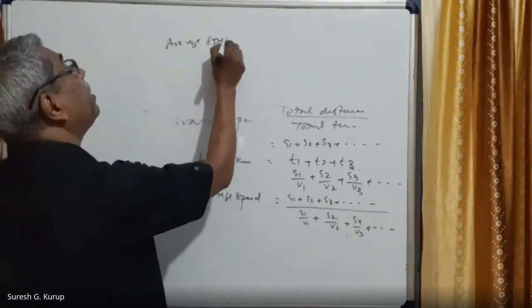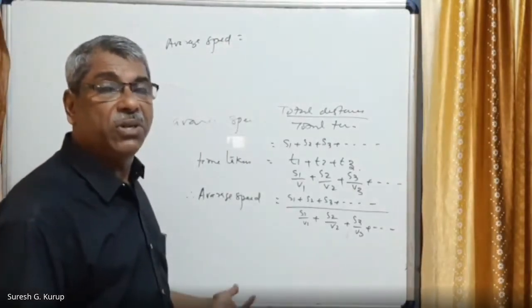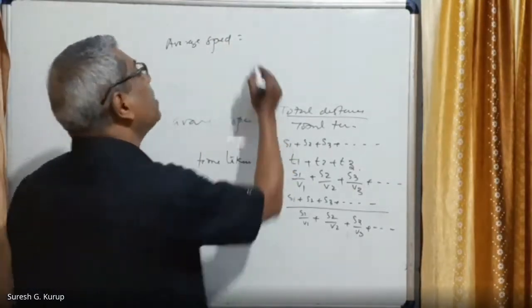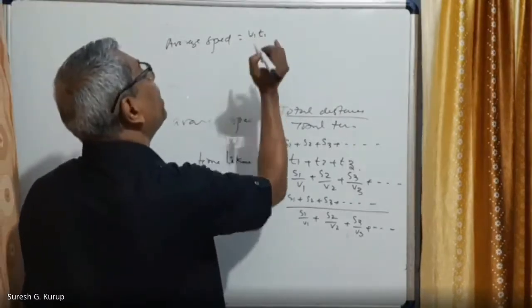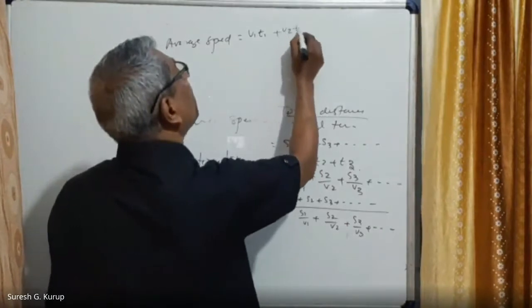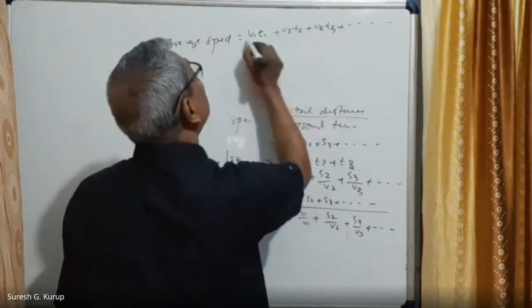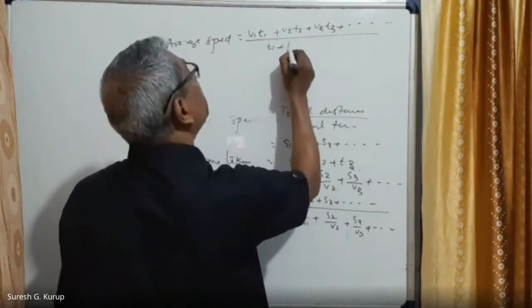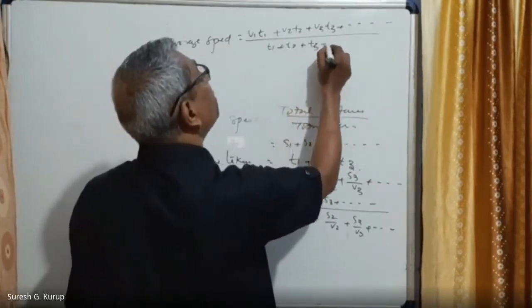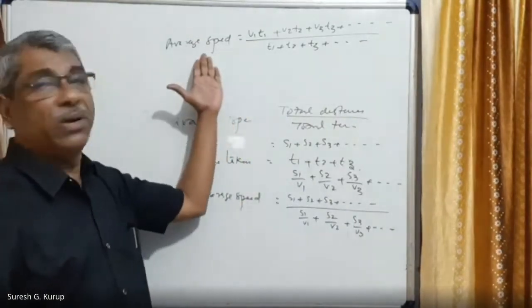Average speed is equal to distance traveled in the first interval t1, that is v1 t1, plus v2 t2 plus v3 t3 plus etc., the whole divided by t1 plus t2 plus t3 plus etc. So this way also we can calculate average speed.